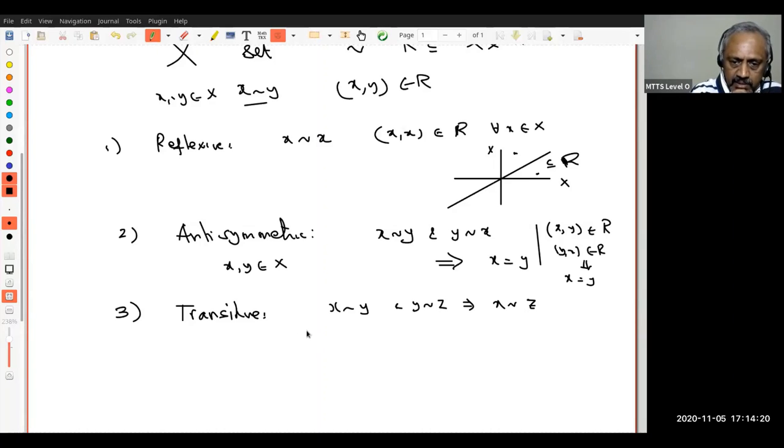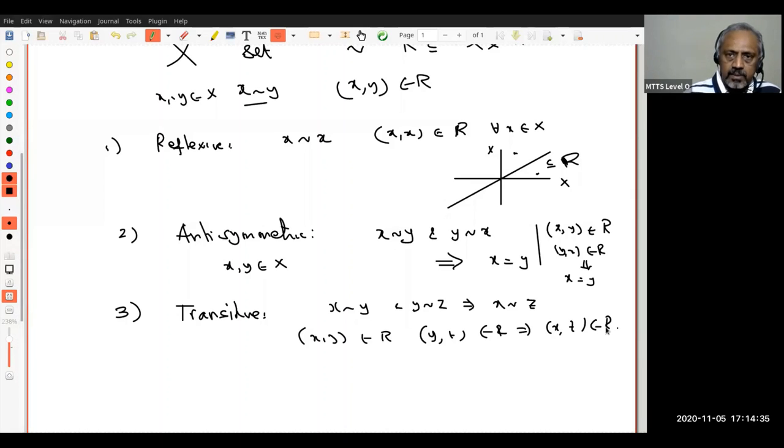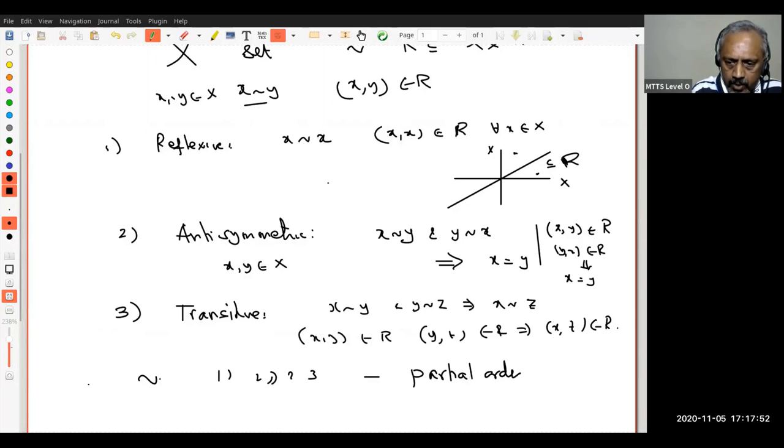This means (x, y) is in R and (y, z) is in R, which implies (x, z) is in R. So any relation R which satisfies 1, 2, and 3 is known as a partial order on the set X.